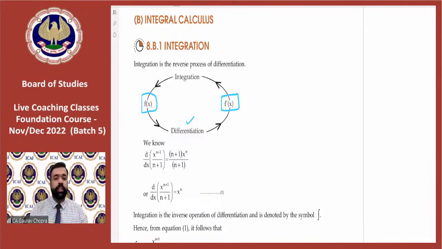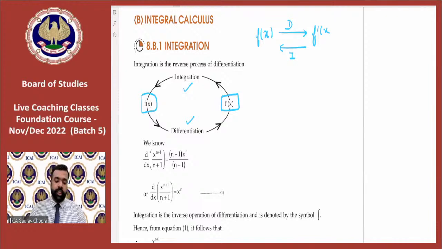That was the previous chapter. But now in this chapter, we will have f'(x) and we will reach f(x). We will have f'(x) available, and after integrating this we will get f(x). So in differentiation, from f(x) we reached f'(x), but here from f'(x) we will reach f(x).